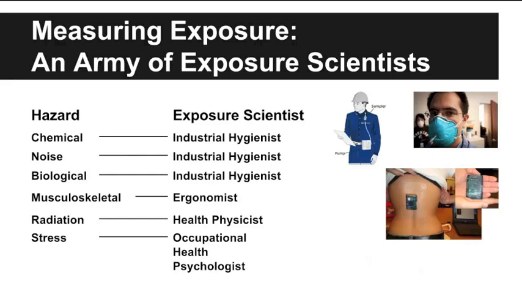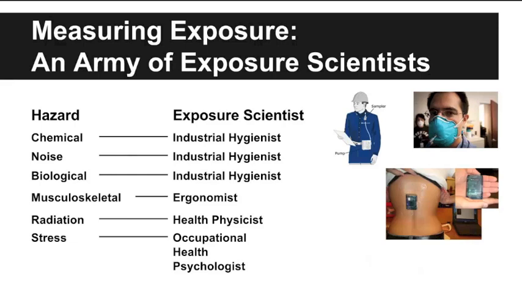Industrial hygienists develop and implement methods to measure exposures to chemicals, to noise, and to biological exposures. Ergonomists develop methods of measuring musculoskeletal risk in the workplace. Health physicists are experts at measuring and controlling radiation exposure on the job, and occupational health psychologists develop methods to measure workers' exposures to stress.